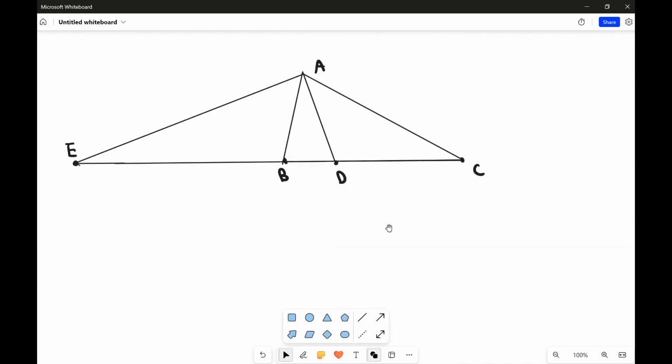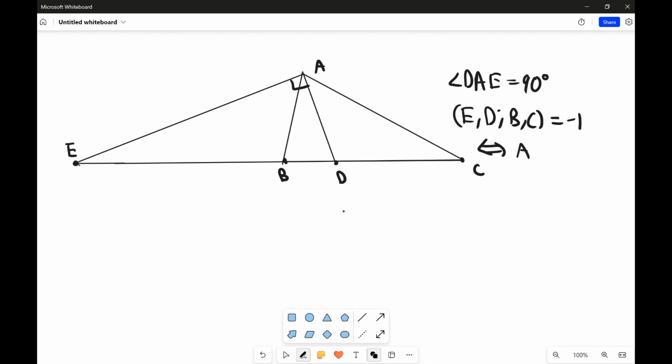Now we have the following configuration shown on screen. We have a triangle ABC and points D and E on side BC such that angle DAE is equal to 90 degrees. And the key lemma that we're going to present here is that the cross ratio ED with BC is equal to -1 if and only if AD bisects angle BAC.